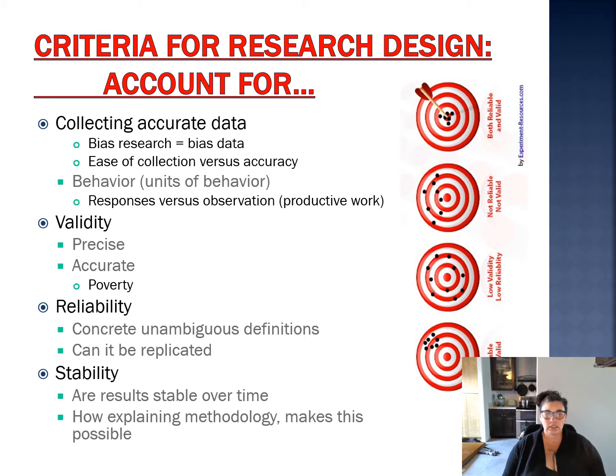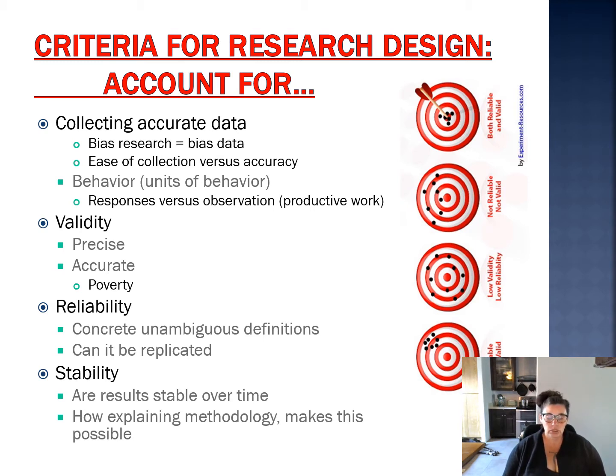And this difference comes about not because of necessarily people trying to lie, right? It's because we can have a different perception when we're observing somebody versus what they're going to tell us, right? We're going to have different data that comes through. So sometimes surveys or questionnaires, interviews, those are the most important or appropriate method for collecting the data. But sometimes they simply aren't going to get you the most accurate data.